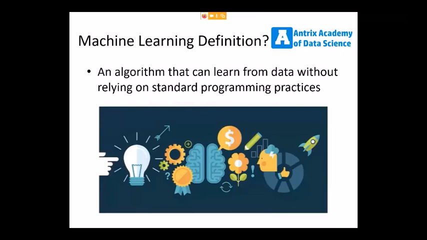It's not like a standard linear equation where you always get the same output; linear regression output will always depend on the input and output you have given to the algorithm. Based on both input and output, you get an output equation. So without relying on standard program practice, we are not writing specifically for data. As and when data is received, we design our algorithm accordingly.